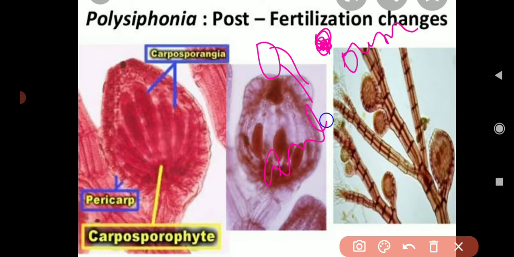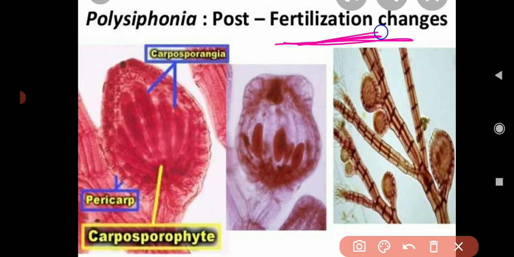It should undergo fertilization. If fertilization can occur, this is the N gamete plus N.